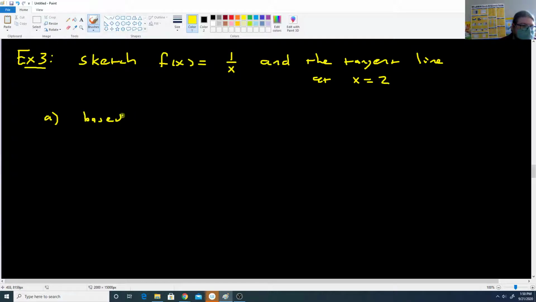Part A. Based on the sketch, is f prime of 2 positive or negative?